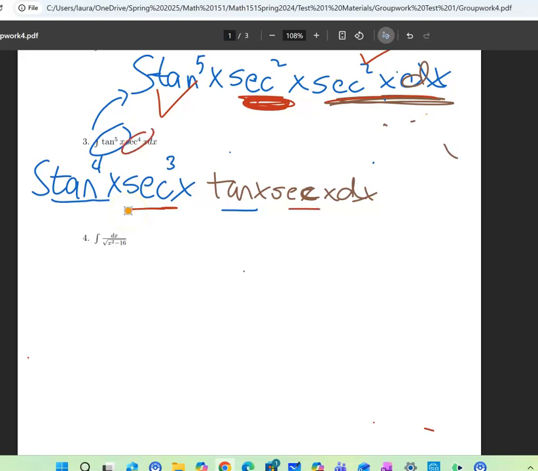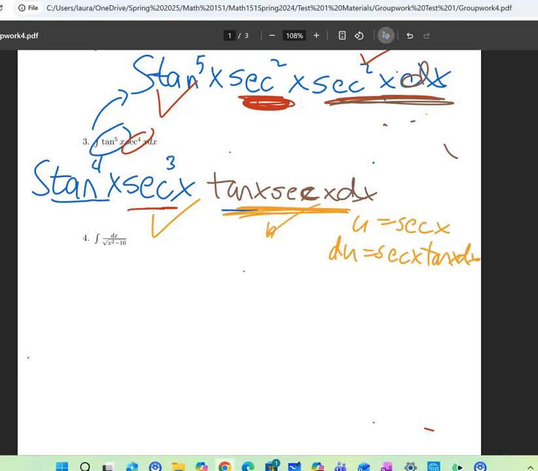Okay, so then this is my du. Secant x, tangent x. So that means my u is secant. Okay, so I need to make u equal secant work. This will be taken care of with the du.